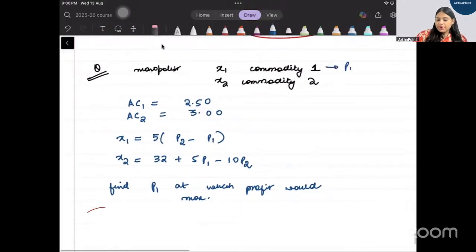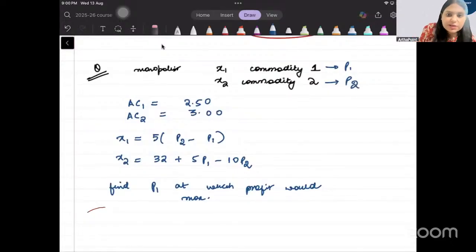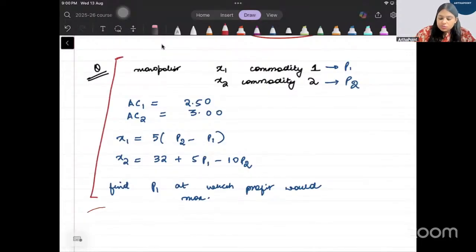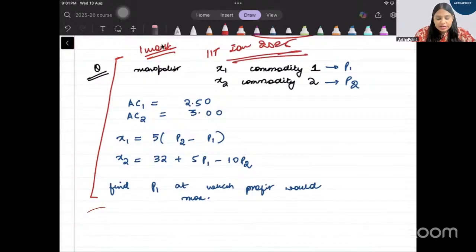Commodity 1's price is P1 and commodity 2's is P2. Find P1 at which profit would maximize. Give it a try. Again, a very simple 1-mark question from last year's IIT JAM 2025 paper. This is an easy level. You should be able to do this within 2-3 minutes maximum.